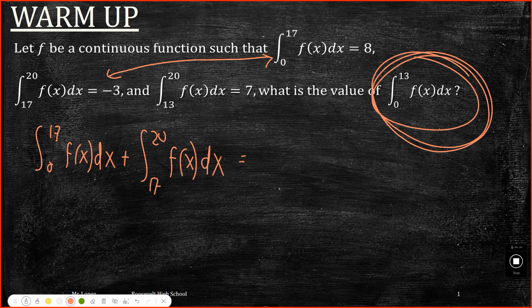So now we know how much it is from 0 to 20. The positive areas, negative areas, all that is 5, from 0 to 20. Then we can just go ahead and take away from 13 to 20 to leave us that. Yes or no? Does that make sense?